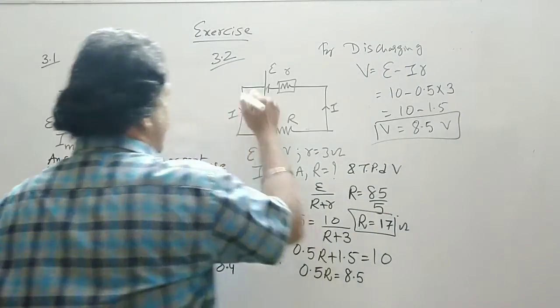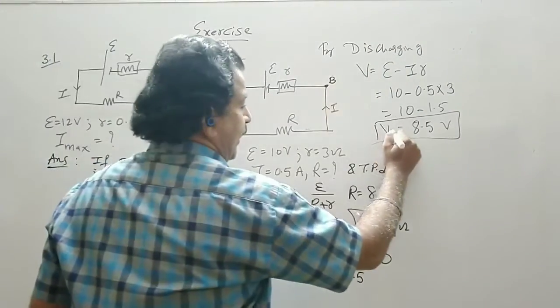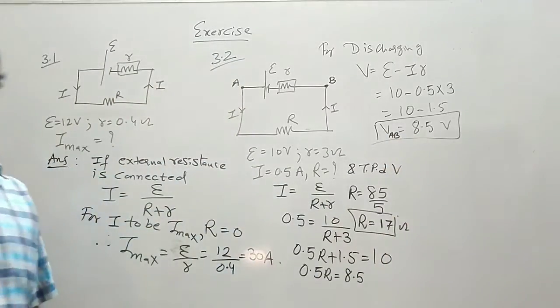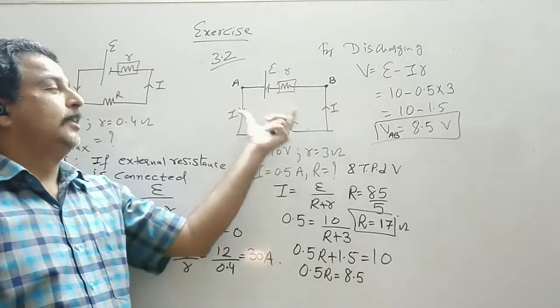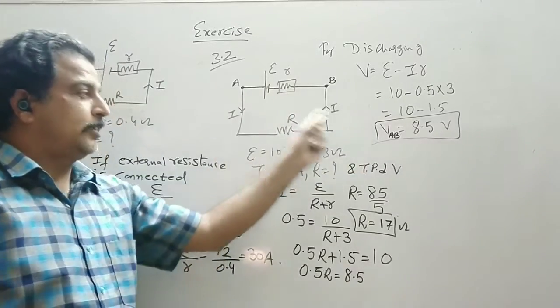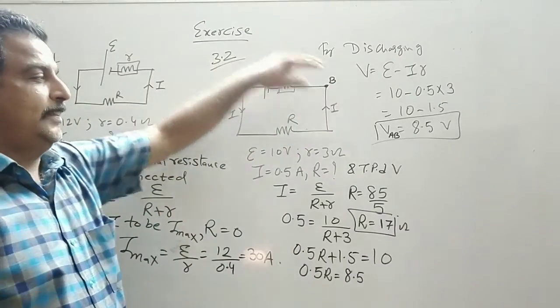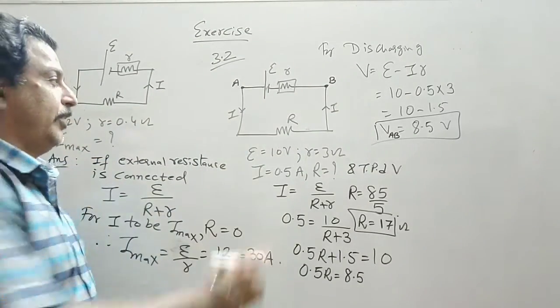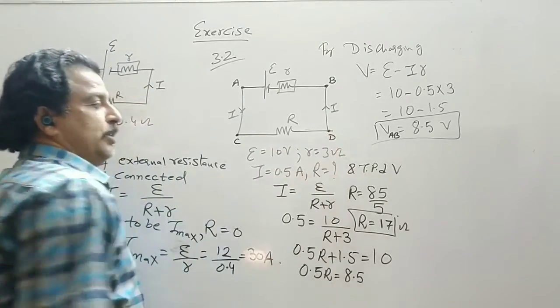Terminal potential difference means the potential difference across A and B. So terminal potential difference, again when the current is drawn from the circuit or when the circuit is closed, the EMF decreases and it is called a terminal potential difference. Now again you have two methods. AB is parallel to CD.